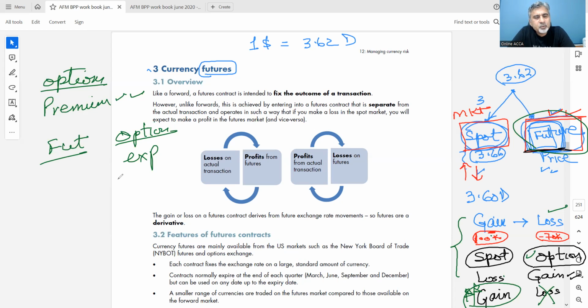If I ask you, what is the probability of a brick falling from the 5th floor onto your head? Can you assign any probability? You cannot. If I ask you, what is the probability that tomorrow there is an earthquake? You can't assign any probability to that. It's an uncertain event.